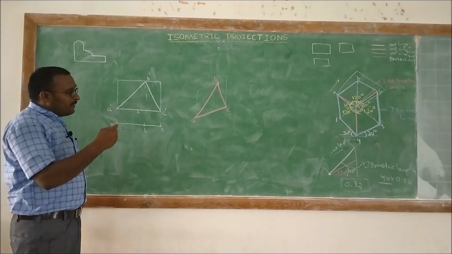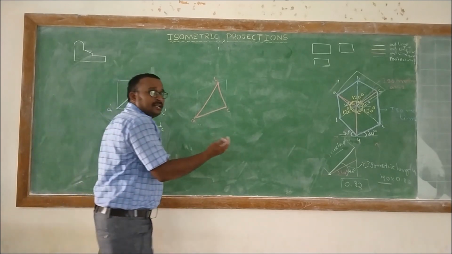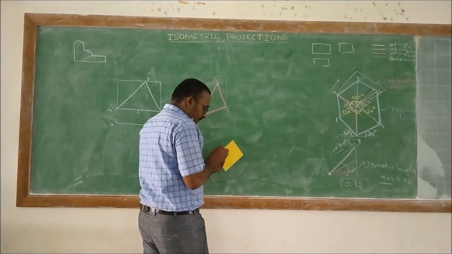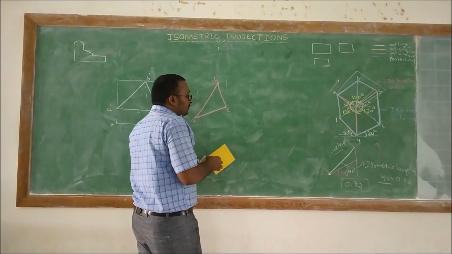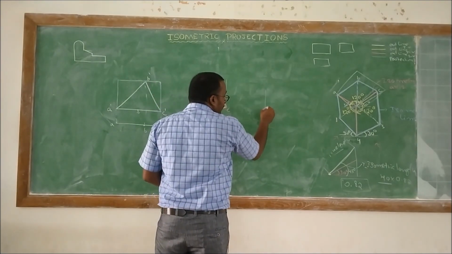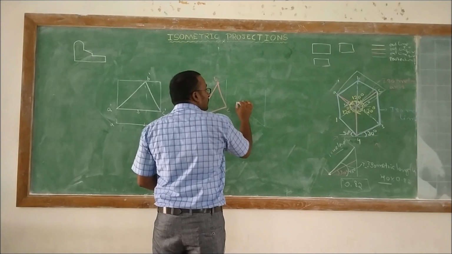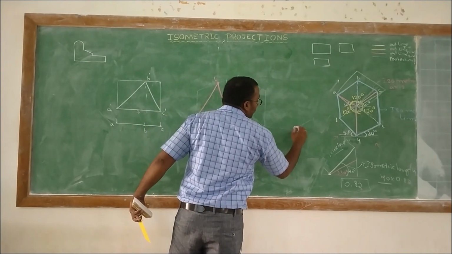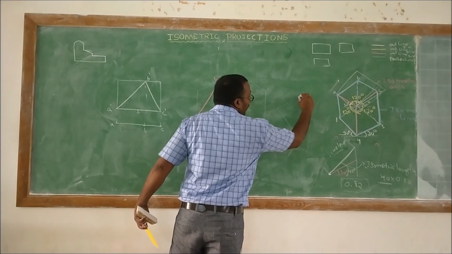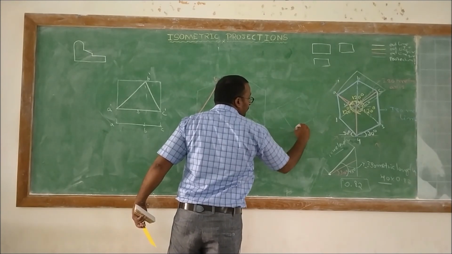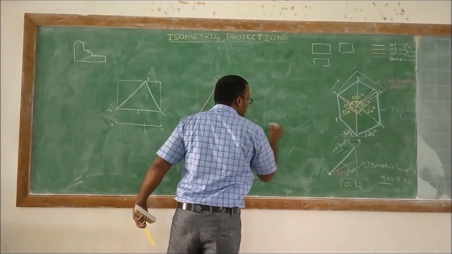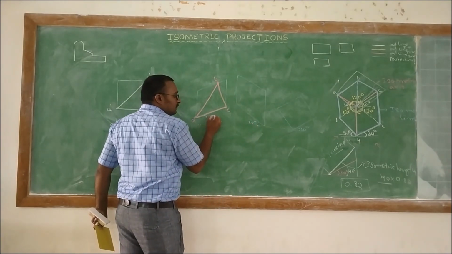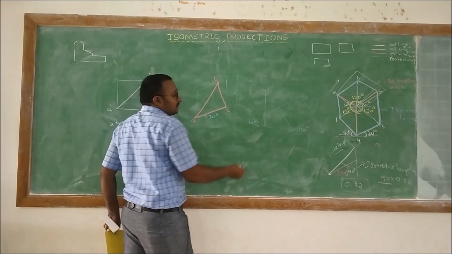Clear? So whenever we are doing that in a side view, in a similar way for the side view also, and then for the top view, there will be 30 degrees here, here also 30 degrees, right?